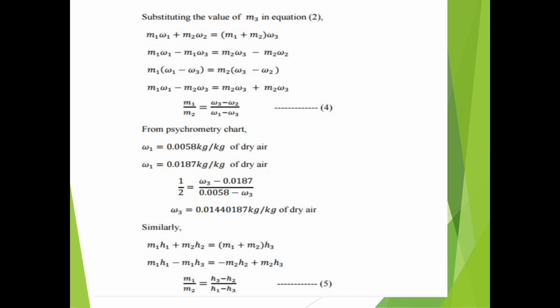Similarly, M1 H1 plus M2 H2 is equal to M1 plus M2 into H3. So M1 H1 minus M1 H3 is equal to minus M2 H2 plus M2 H3. M1 divided by M2 is equal to H3 minus H2 divided by H1 minus H3.